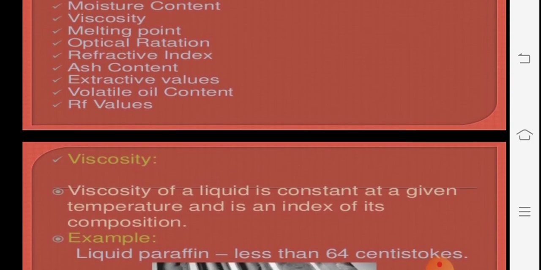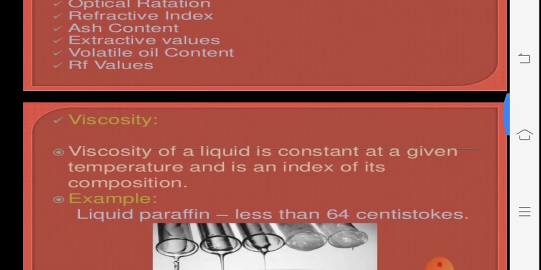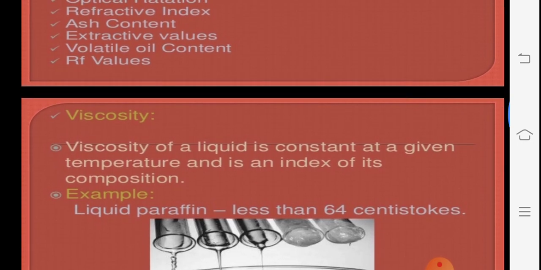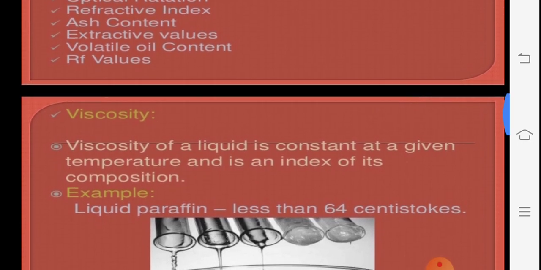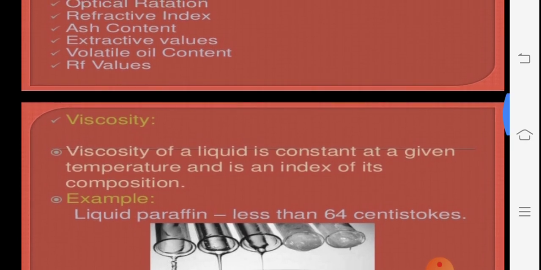Then ash content, ash means after burning how much ash remains per gram. Suppose 1 gram is there, it shows 0.5 milligram ash, or 10 milligram or 100 milligram, like this. Then volatile oil content, how much oil is there, RF value, refractive index.